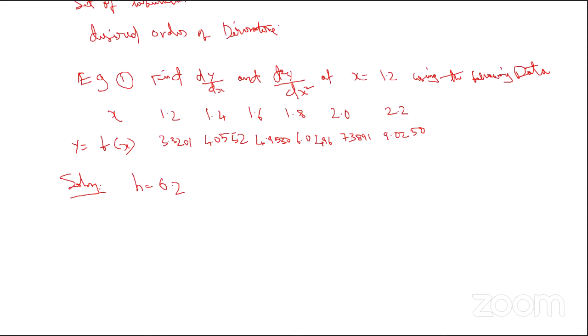Next, we have to find dy by dx and d square y by dx square at x equal to 1.2. 1.2 is the beginning of the tabular data, which means x naught is also 1.2.